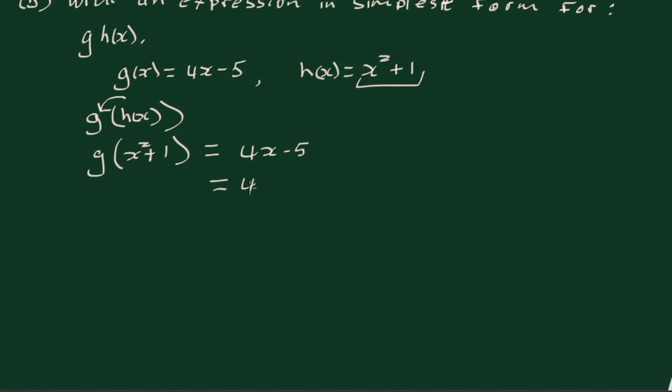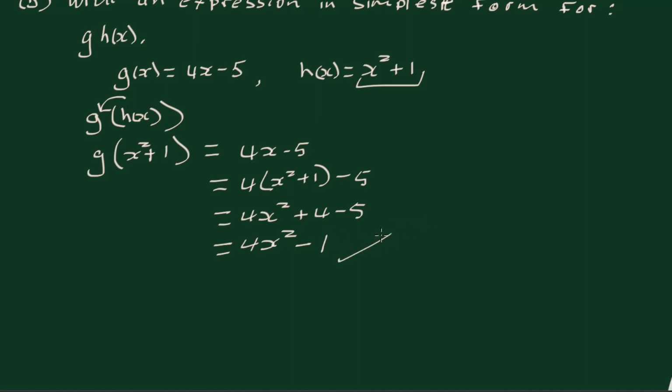So this becomes 4(x squared plus 1) minus 5. And we work out this here, this becomes 4x squared plus 4 minus 5. And when we simplify, because the answer is simplified fully, this becomes 4x squared minus 1. And this is the answer.